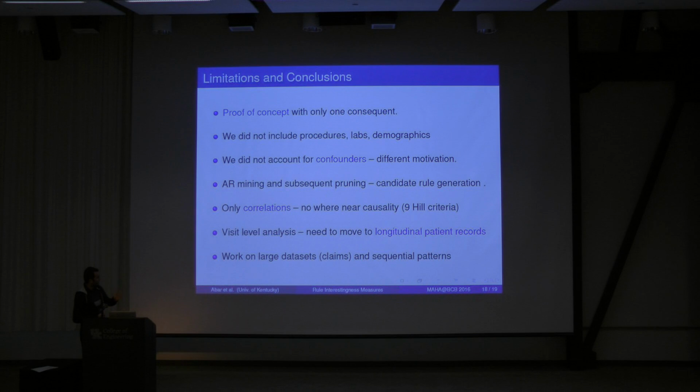We are just doing the correlations. We are doing population analysis, but we need to do it at the patient level. In our case, our number of patients is not verified at the physician level. We need to follow up with a bigger data set.